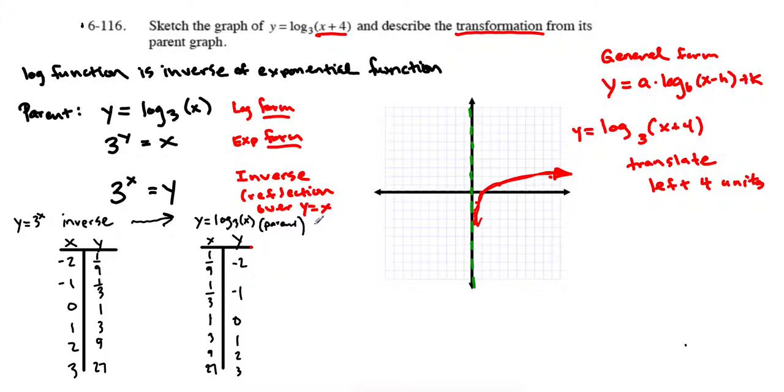The asymptote for this function is where x equals 0.